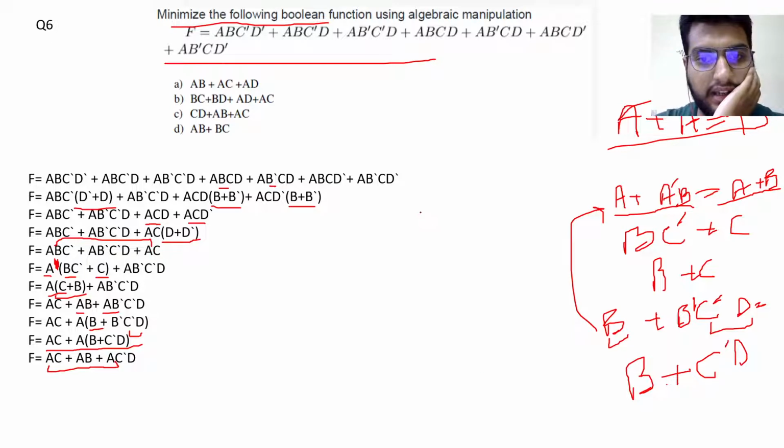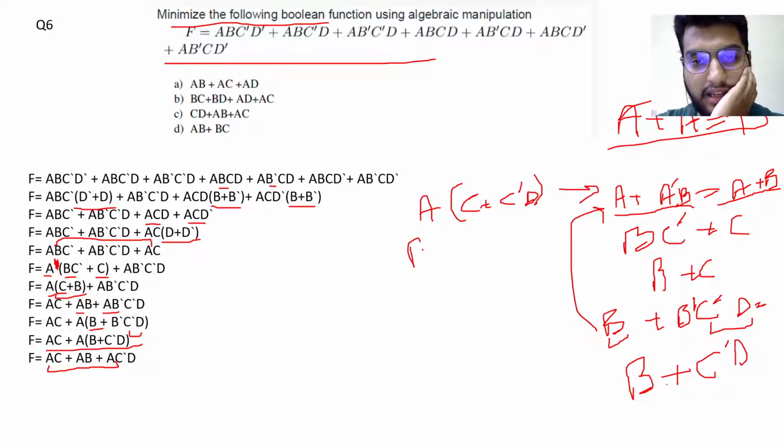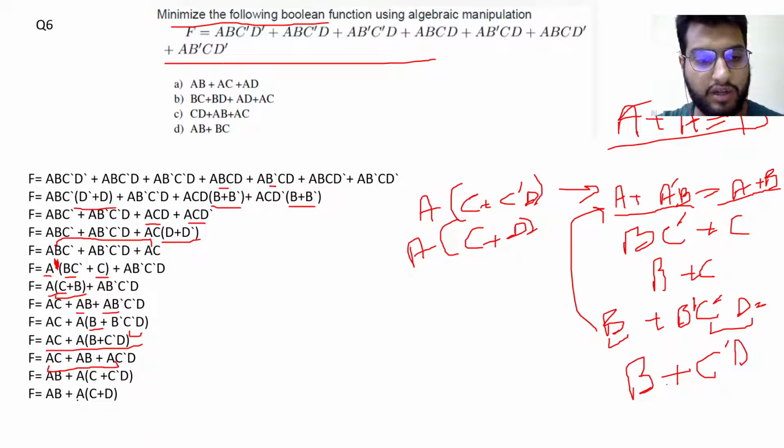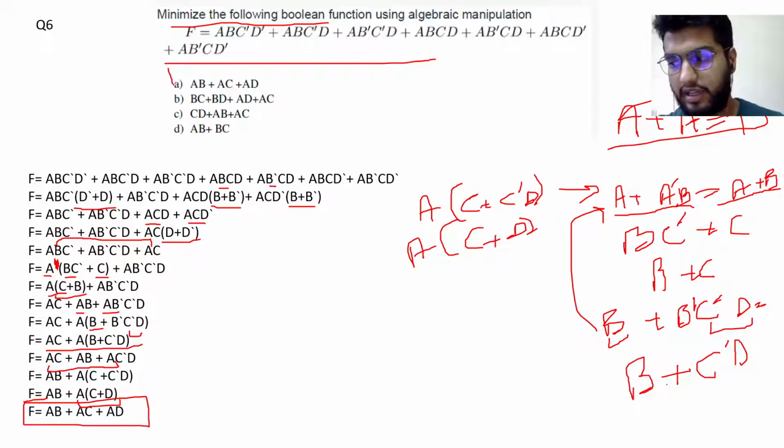I get A times C plus C complement D. So again using this expression, it will be A times C plus D. I get AB plus AC plus AD. So this will be my final expression, and the answer to this question is option A, AB plus AC plus AD.